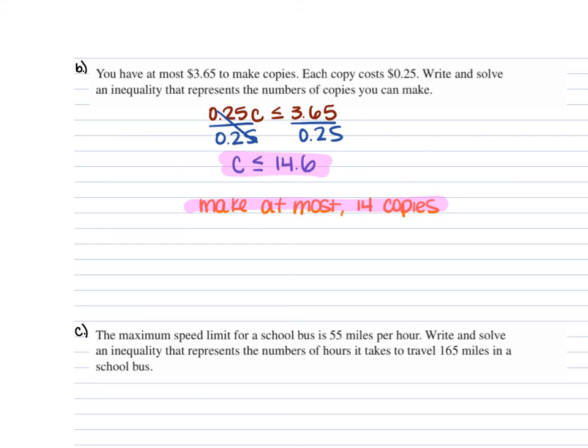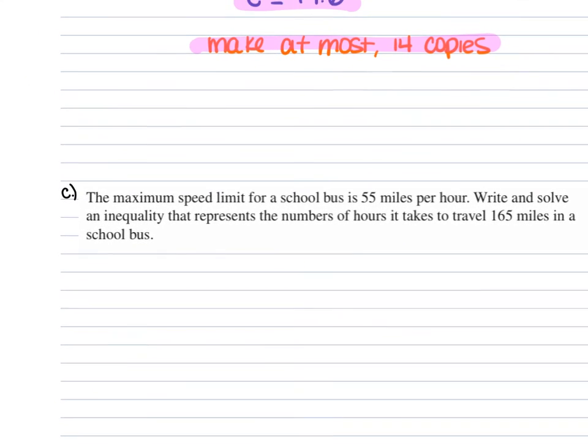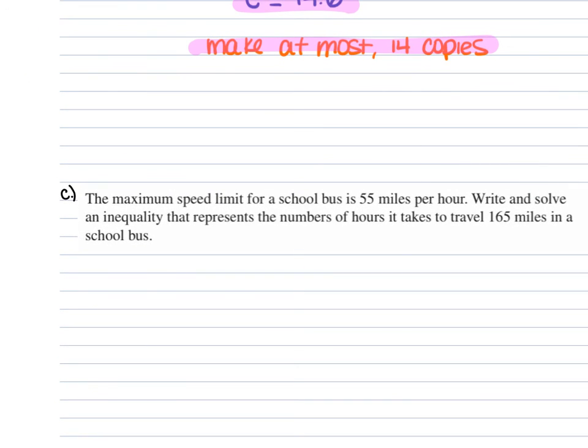For our last example, example C, it tells us that the maximum speed limit for a school bus is 55 miles per hour. Write and solve an inequality that represents the number of hours it takes to travel 165 miles in a school bus. So our rate is the 55 miles per hour. Your distance is 165 miles.